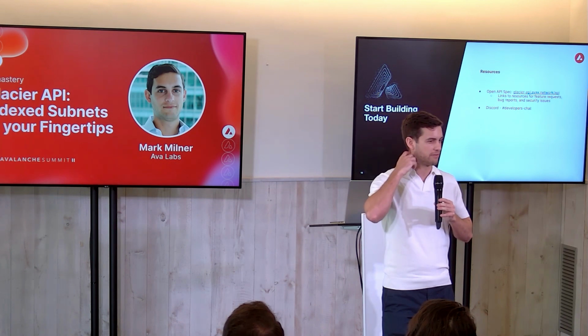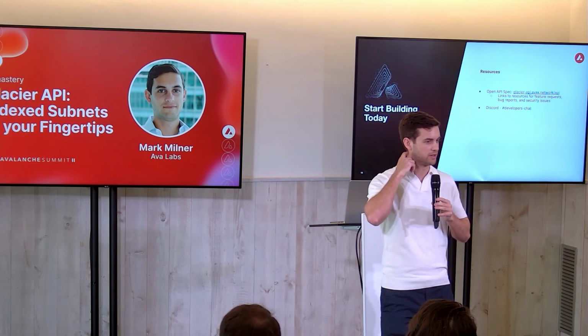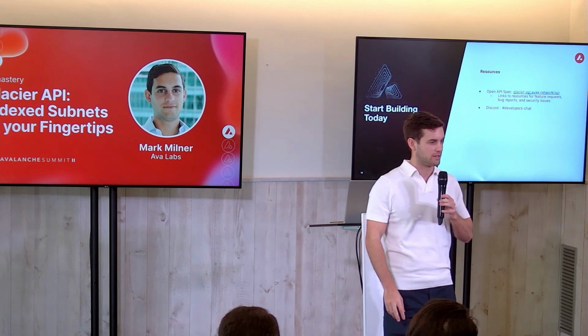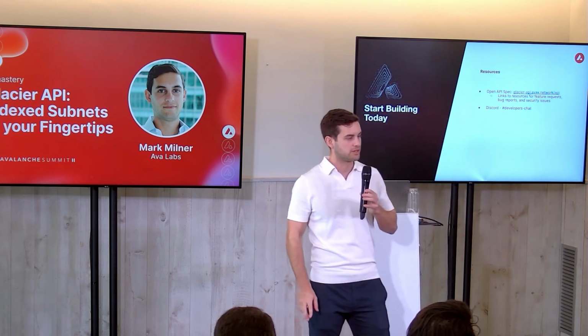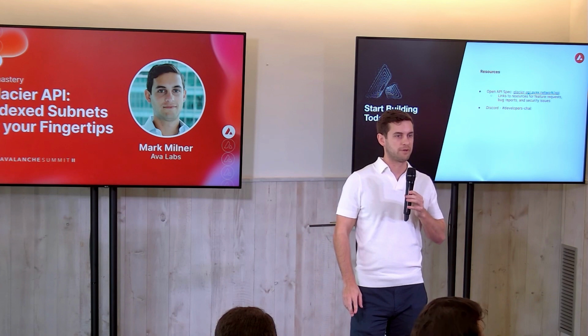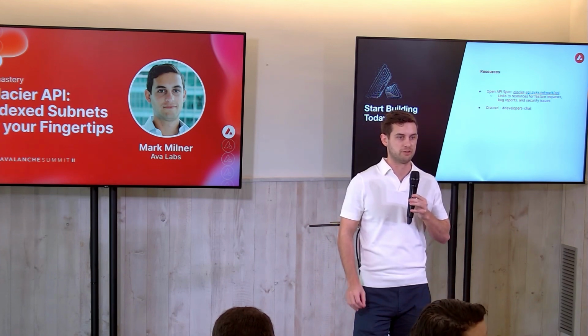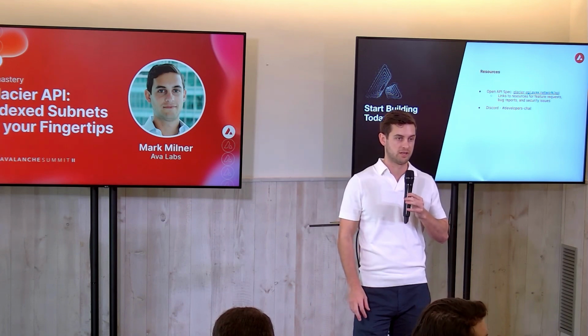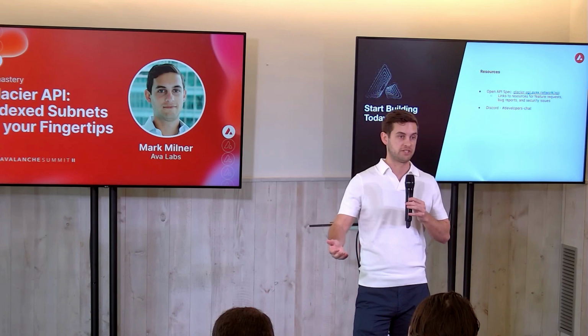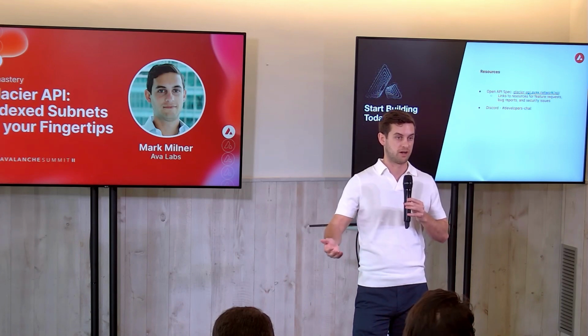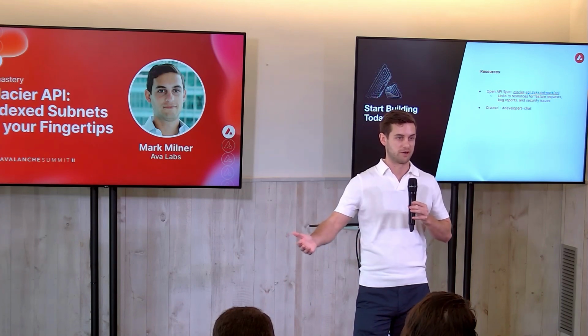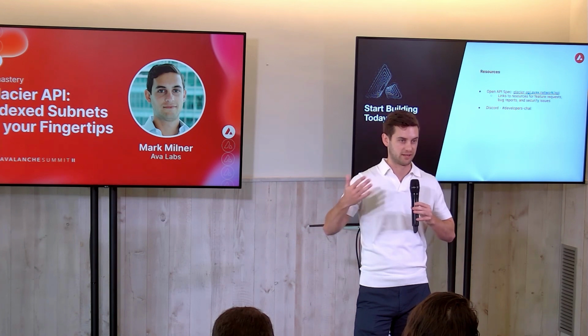I don't know if we have Anand, do you know if we have a direct channel to them? What would that be? Go through Discord. Discord? I think Discord might be the best bet. Our developer relations team there can probably route you to the best people to talk to in order to figure out how to get the chain indexed. When we're managing a relationship with a subnet coming online, one of the questions we always ask is, do you want this kind of data indexed for you?